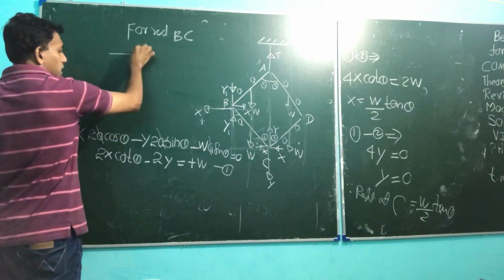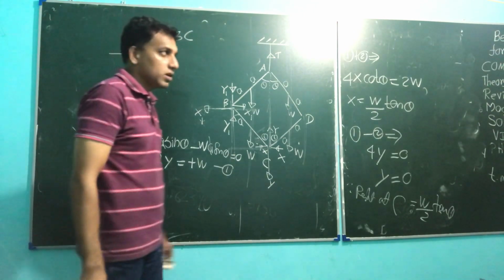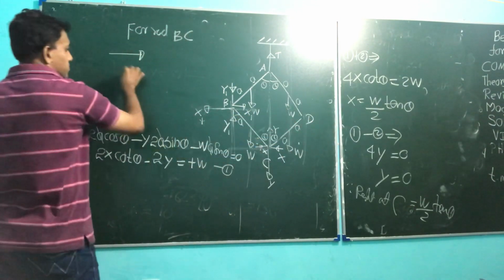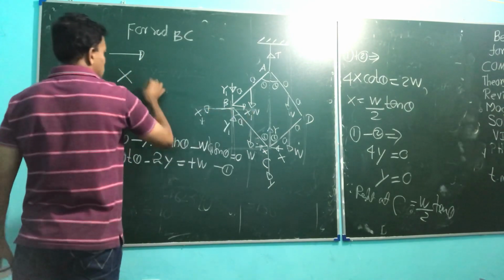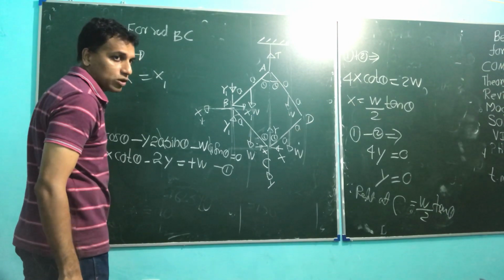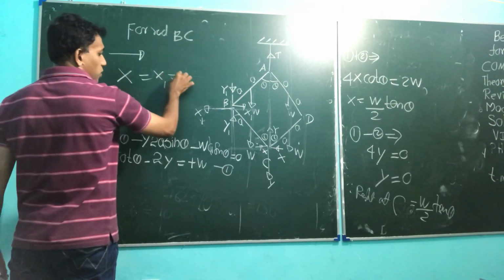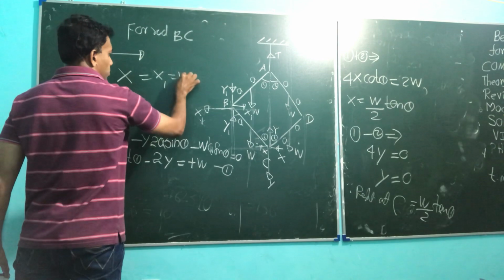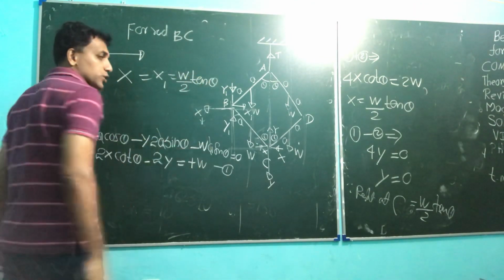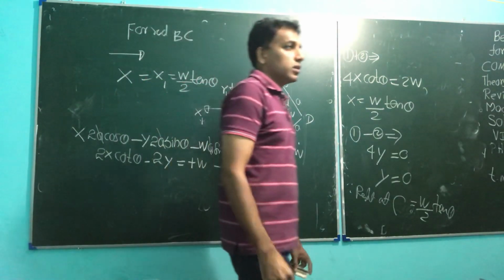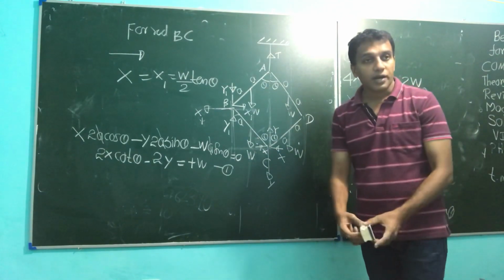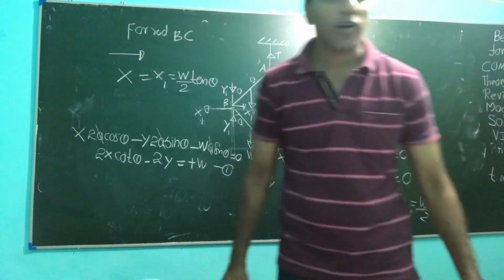Resolve horizontally for rod BC. This side x, this side x1, so x equals x1. So what is x1? The answer is W by 2 tan theta. That is the x1 answer.